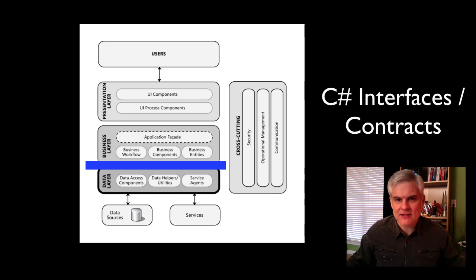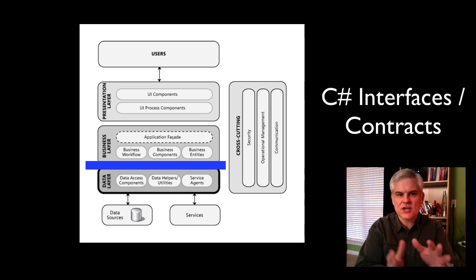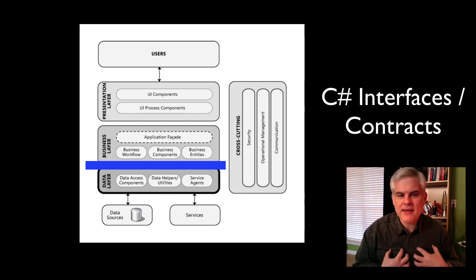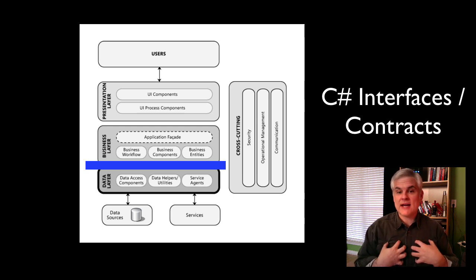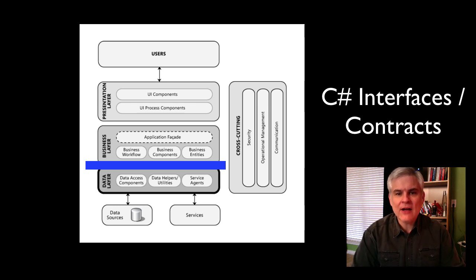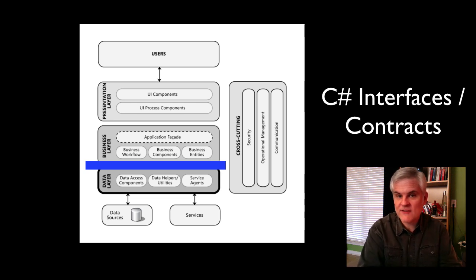The domain model says, hey, I'm willing to work with any number of implementations of persistence layer classes, but to work with me, the domain layer, you have to implement the terms and the conditions of my contract as laid out in this interface. All right? So now that you support these methods that are in my interface, and that would include the method names, the input parameters, the return values, the return types, we can work together.